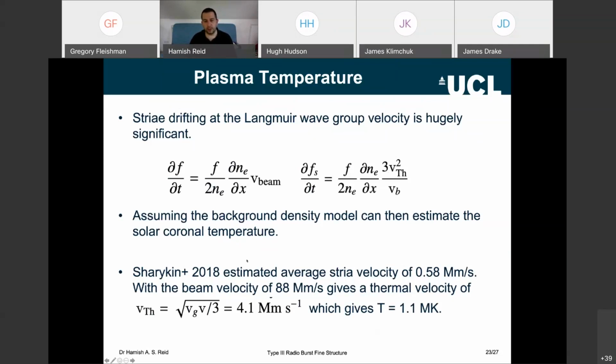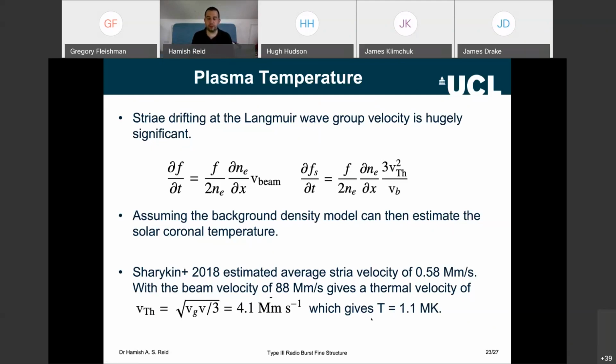We used the average striae velocity of about 0.6 megameters per second that was derived for that first type 3 striae burst from Sharikin 2018, and with the beam velocity of 88 megameters per second this gives a thermal velocity of about 4 megameters per second, which is about 1.1 megakelvin.